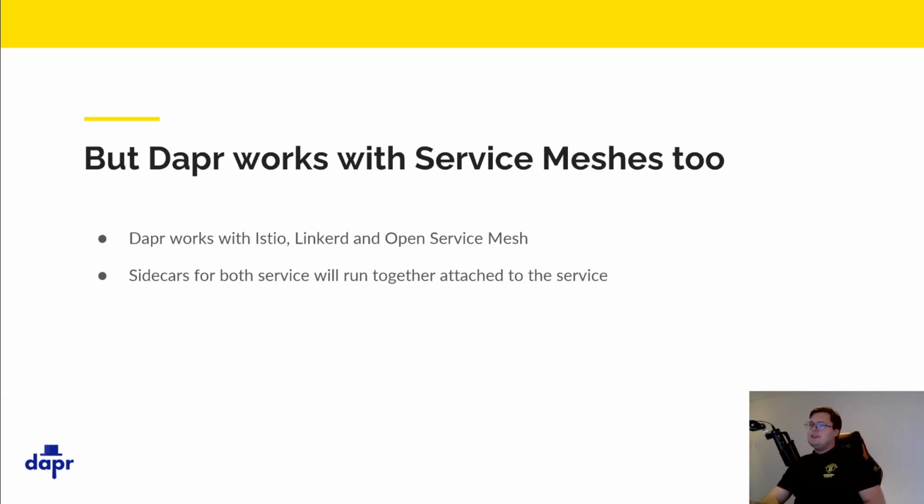So if you're using Istio, your microservice will have a sidecar for Dapr. It will have a sidecar for Istio. It will communicate over the Istio APIs to the Istio sidecar, and will communicate over the Dapr API to the Dapr sidecars, and they won't be in the way of each other.